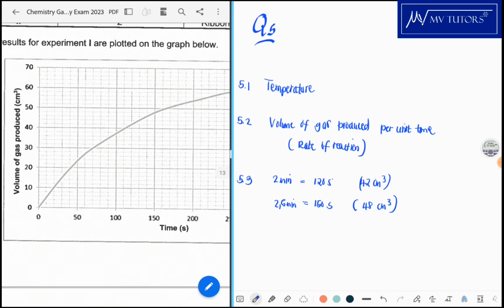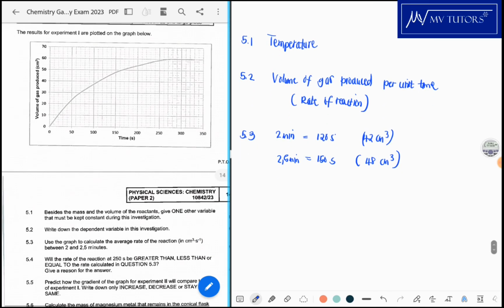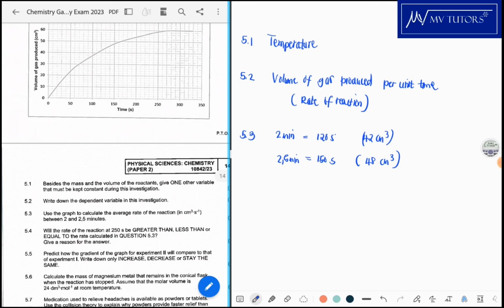So let us now put that all properly. The average rate of reaction would be equal to change in volume over change in time.